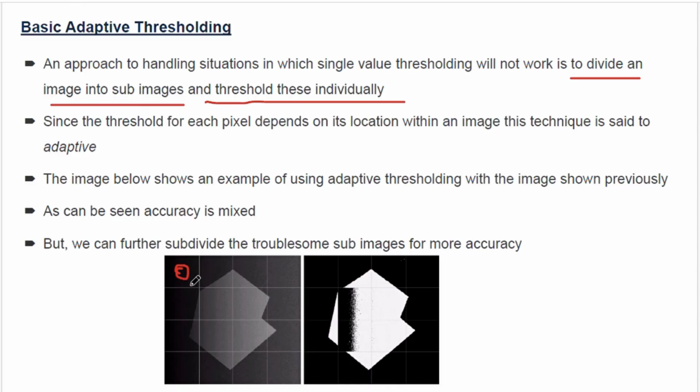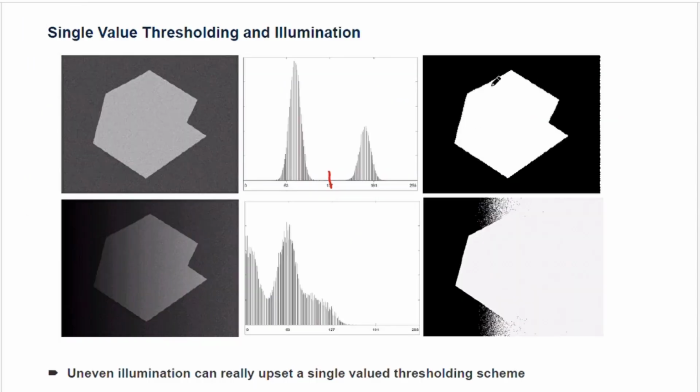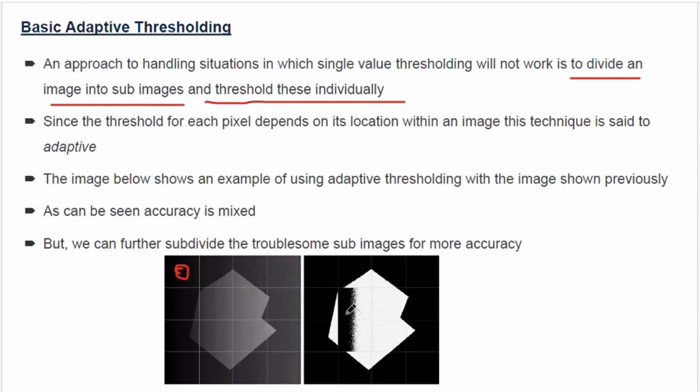And then for each region, apply the threshold, you'll get the result, then merge all those results. This is the image. So compared to this, it is very nice. Yes, it is very much nearer to the exact output. The problem here is only this part. Okay, so as can be seen, accuracy is okay.